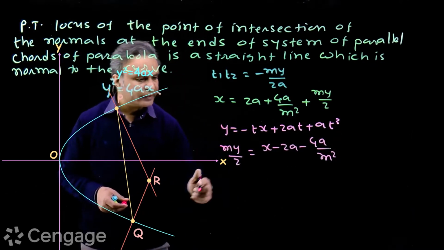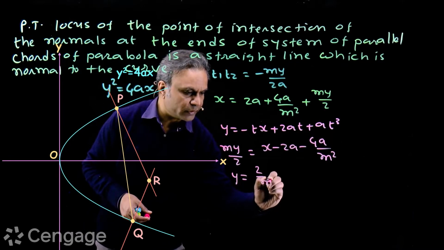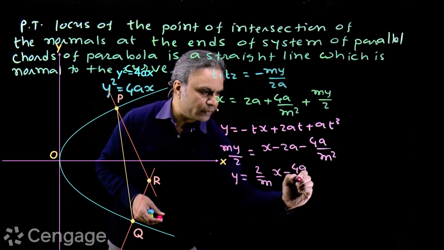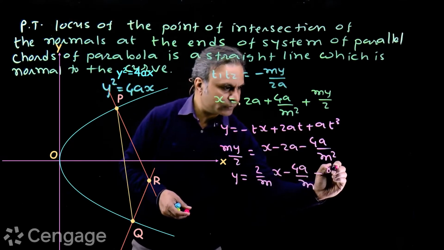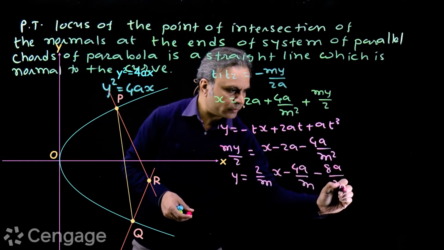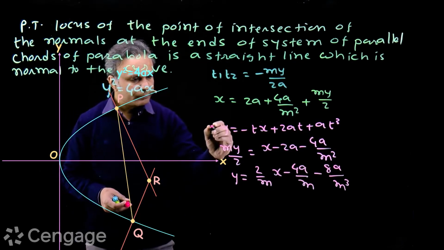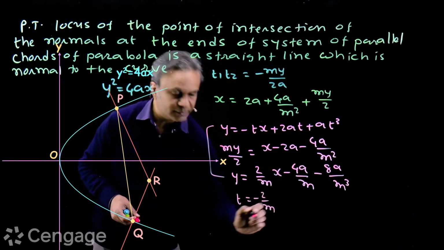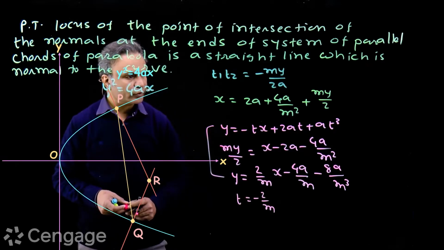Multiply both sides by 2 upon m, we get the equation y is equal to 2 upon m multiplied by x minus 4a upon m minus 8a upon m cube. ठीक है ना? Now if we compare these two equations, we find that the value of t is minus 2 upon m. अब चेक करो t का वैल्यू क्या आएगा, minus 2 upon m.